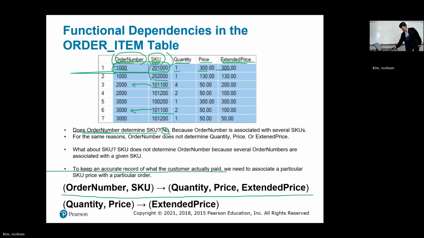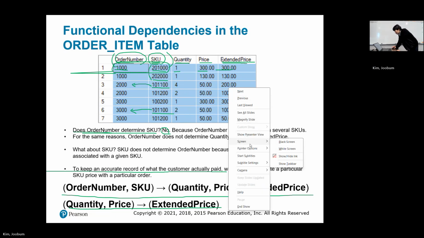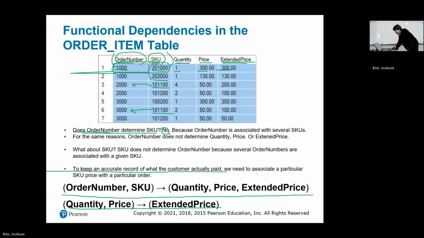Makes sense. So we have the second relationship. What do you think? Do quantity and price determine SKU?